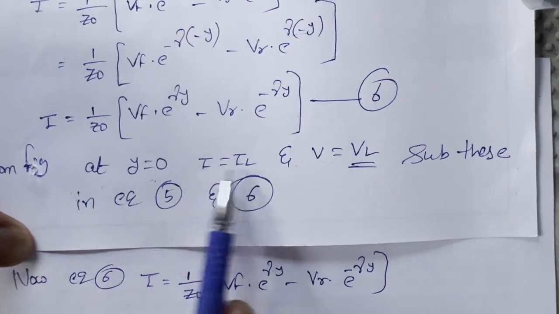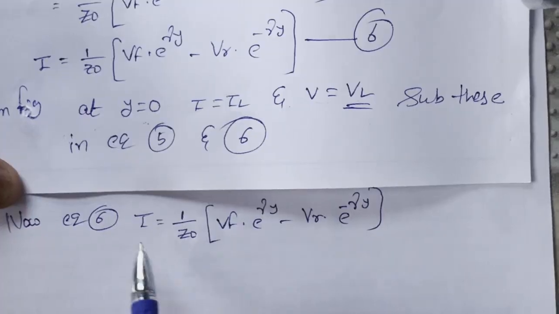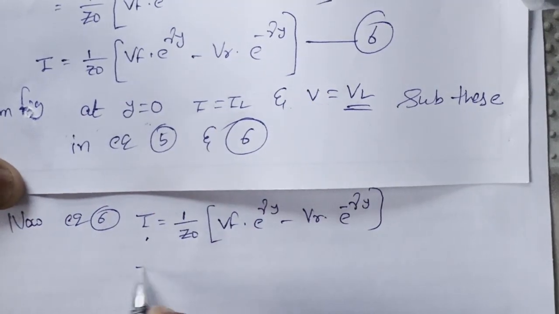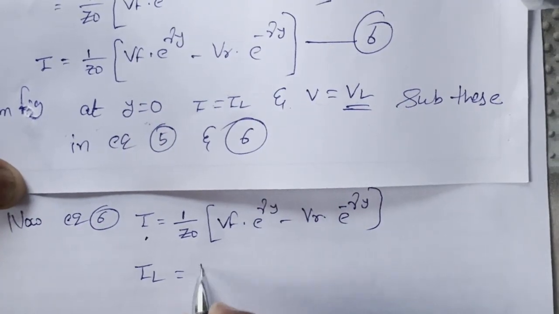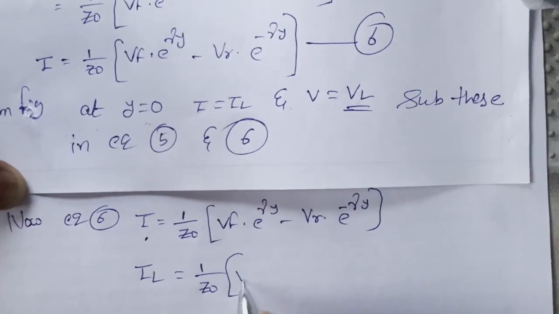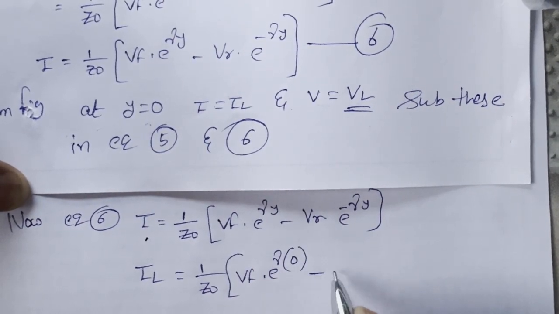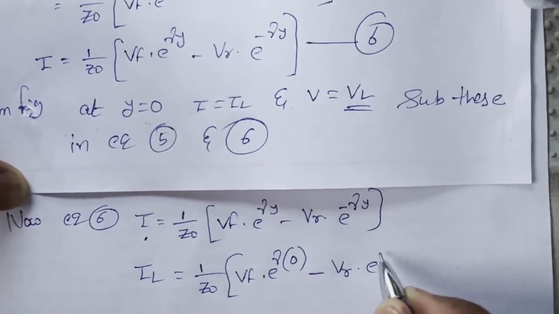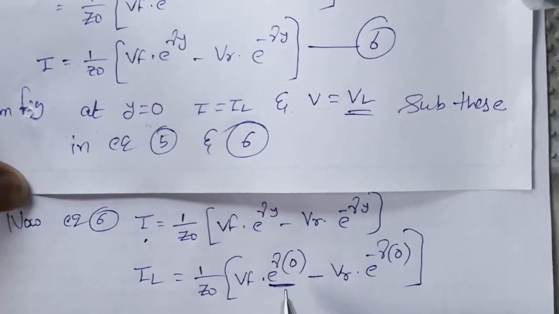Again, in equation 6 I am substituting the same conditions. Here I is nothing but IL. IL is equal to 1 by Z0 as it is into Vf into e power gamma into y is 0, minus Vr into e power minus gamma into 0. E power 0 is again 1.